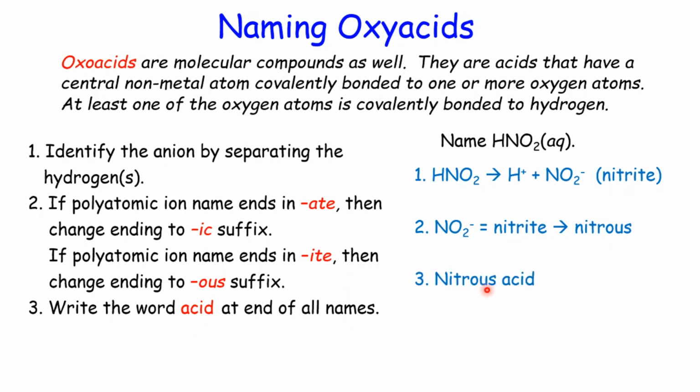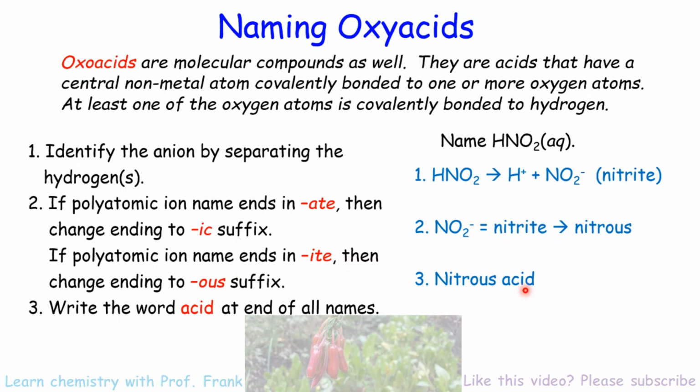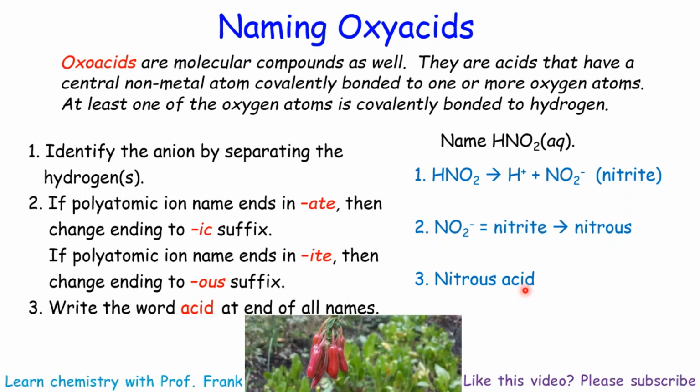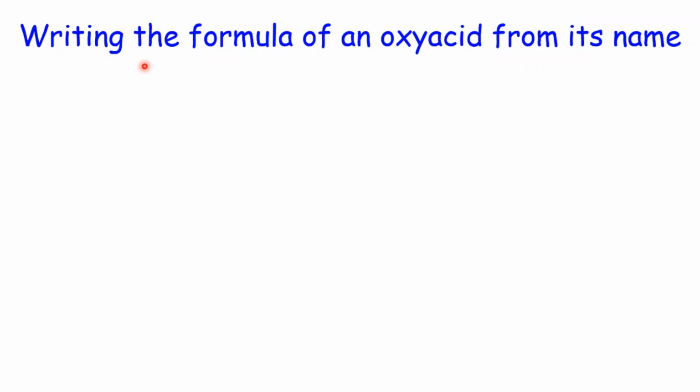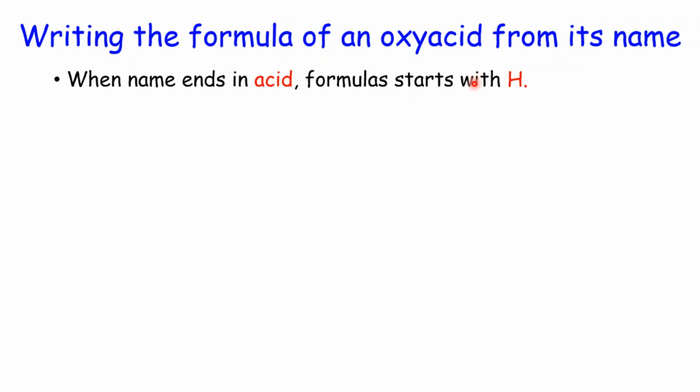So nitrous acid. That's how you name oxyacids after you see a formula of oxyacids. So this is from formula to names. Now write the formula of an oxyacid from its name.